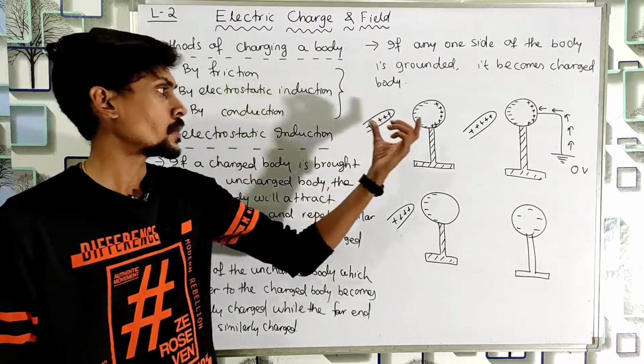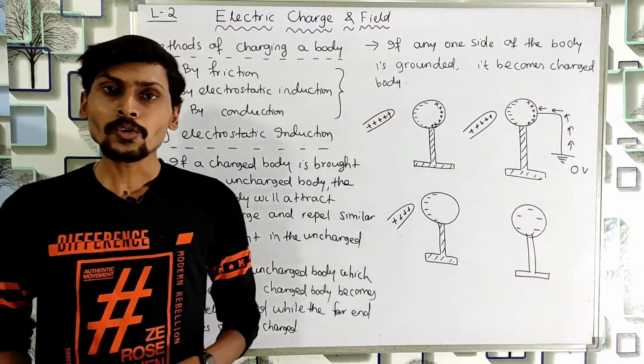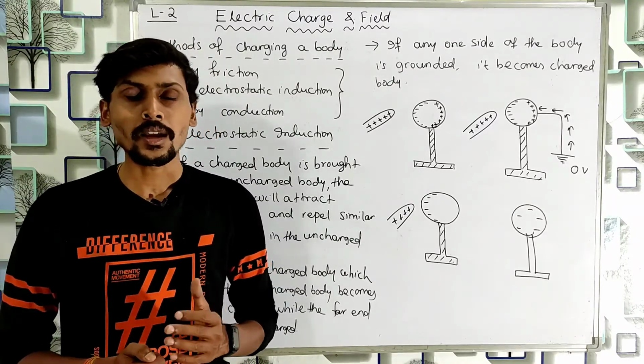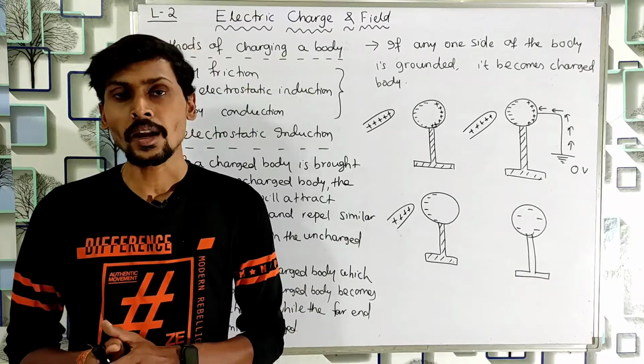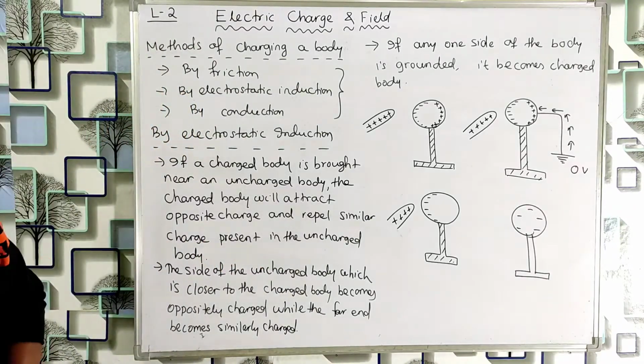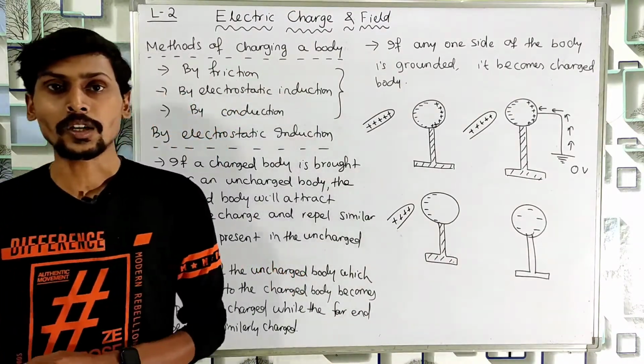So here I have taken the example of a metallic sphere, but remember that you can induce charge in non-metals also. So charges can be induced in metals and non-metals, and there is a formula by using which you can calculate the amount of induced charge.